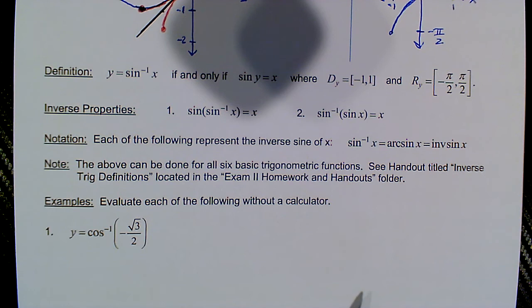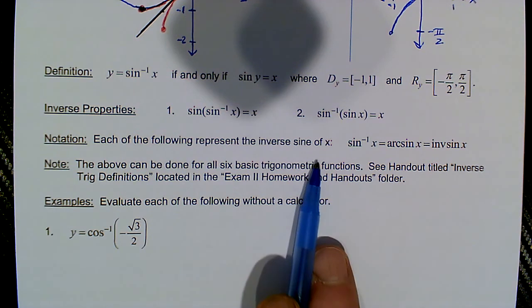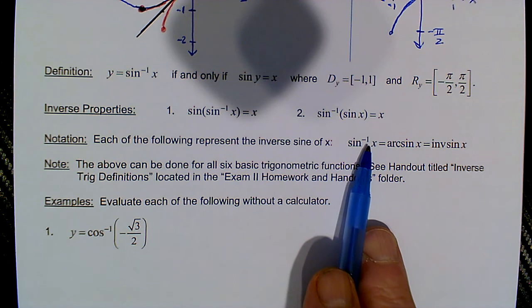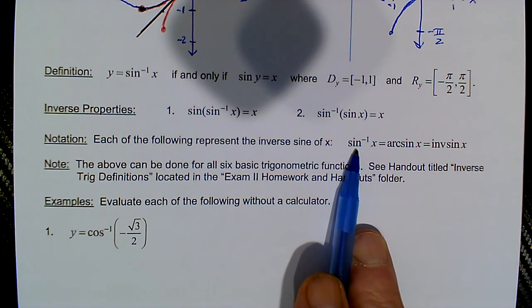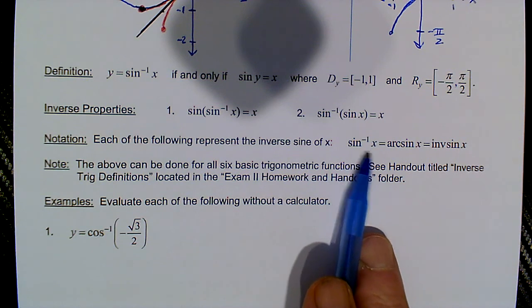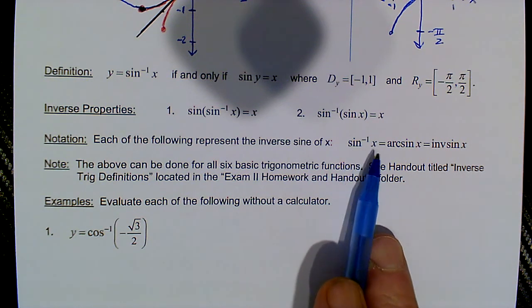And there's different notations for the inverse sine. We're going to use a superscript of negative 1. So again, make sure you realize it does not mean a negative exponent. It's notationally indicating the inverse of the sine function. So the inverse sine of x, or sine inverse of x, but inverse sine of x is typically the way it's read.